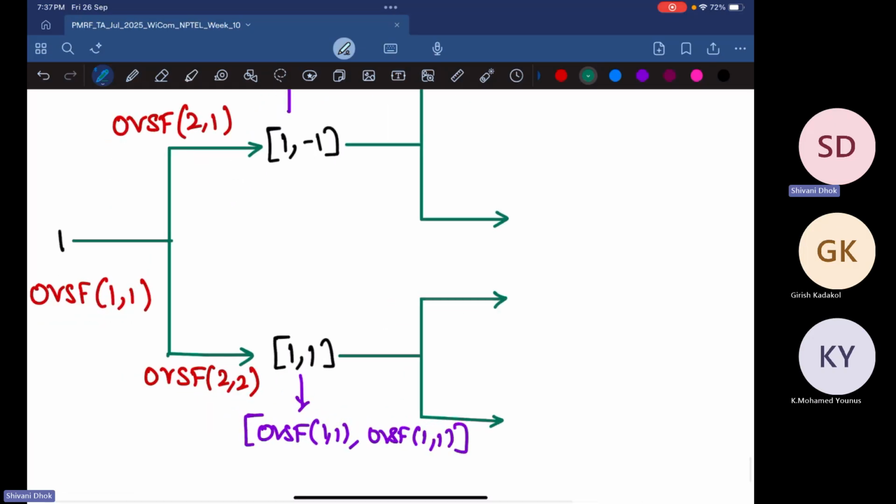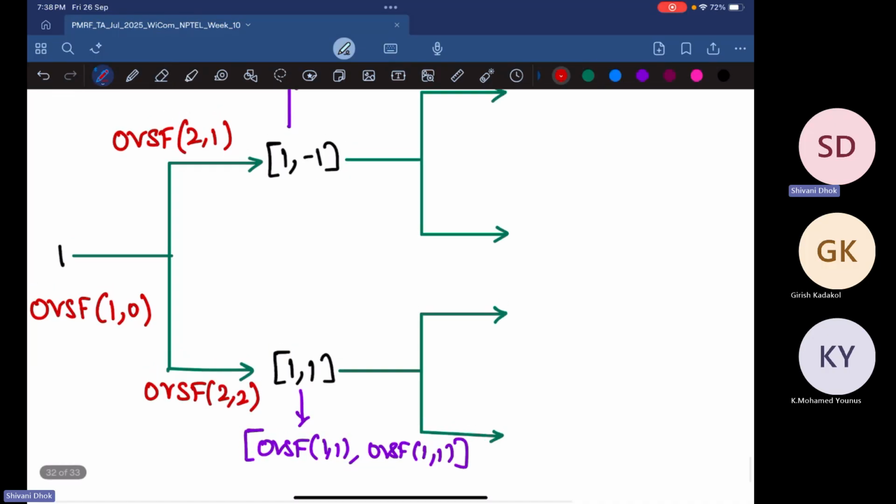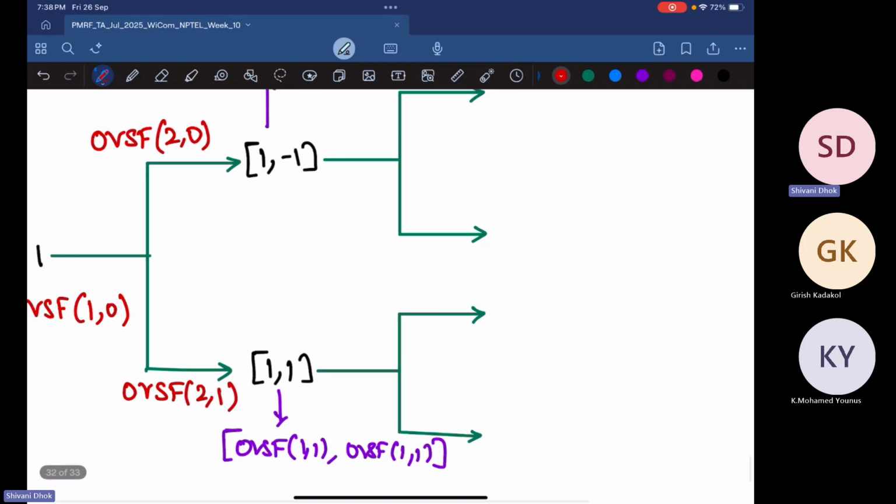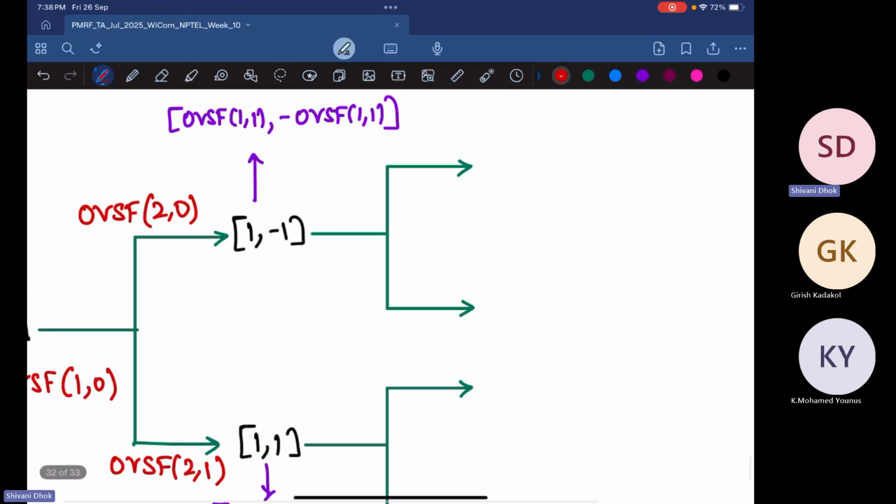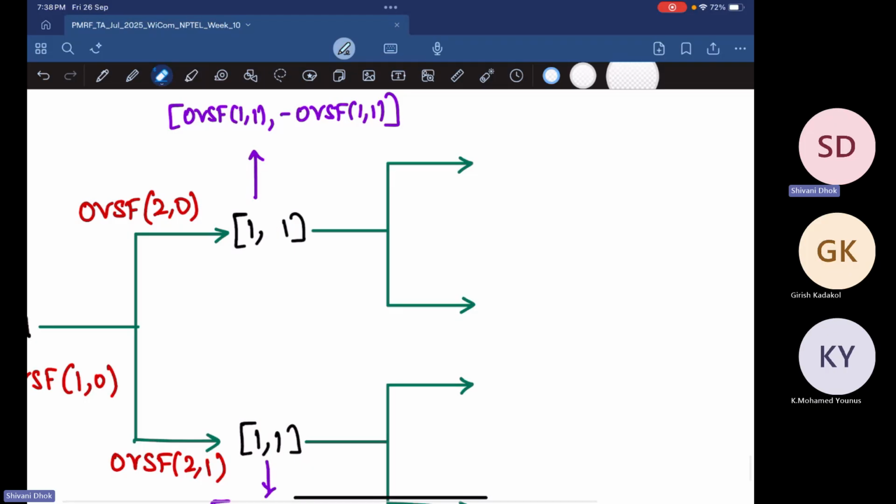Okay, so my mistake, this indexing starts from 0, so this has to be done the other way round.